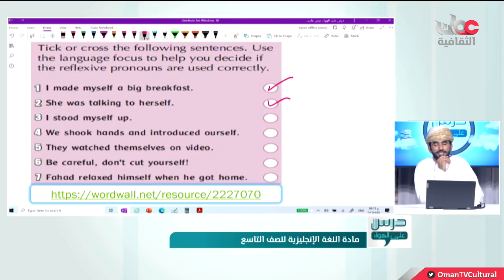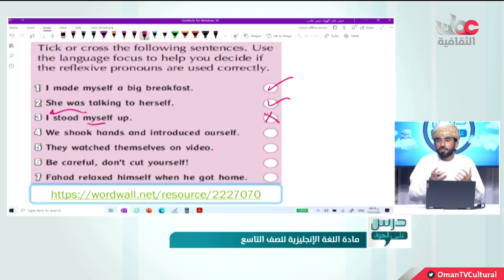What about this 3? I stood myself up. Correct? What about you guys? Incorrect. It is incorrect. Why, teacher? Myself refers to I, teacher. Yes. But bear in mind that there are some verbs, any action that people usually do, like standing up. People used to stand up. Am I right?